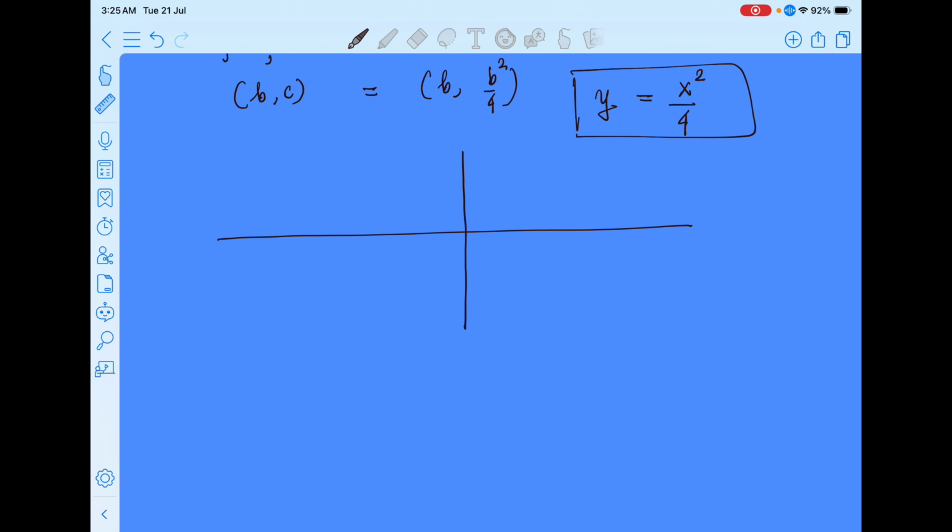See, it's a parabola, right? It's a parabola. So y equal to x square by 4 is like that.